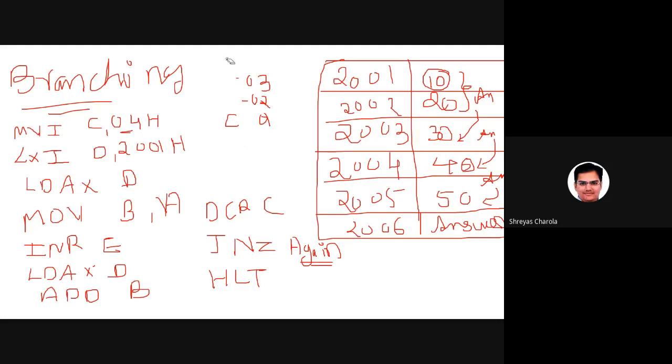But there is one question: in the whole program, where should you write again? Which loop do you need to repeat again and again 4 times? Yes, answer from your side.